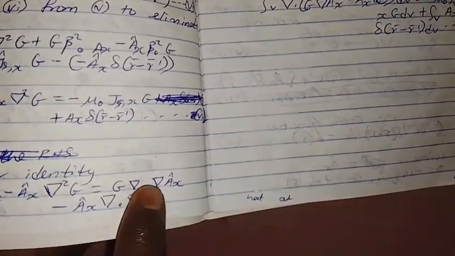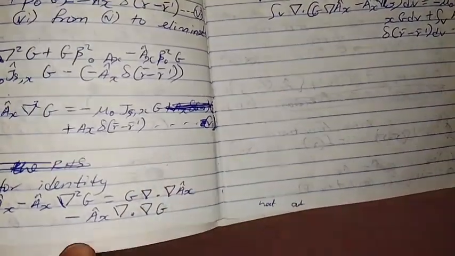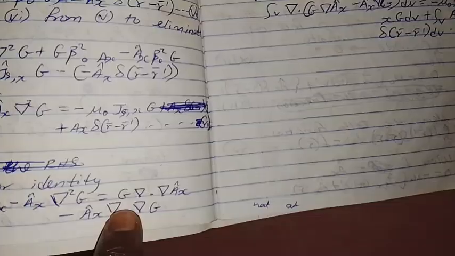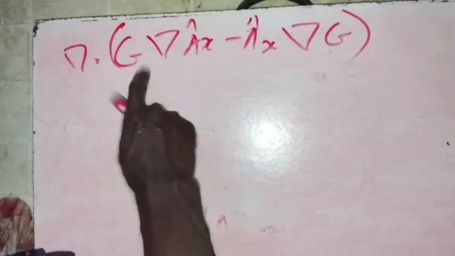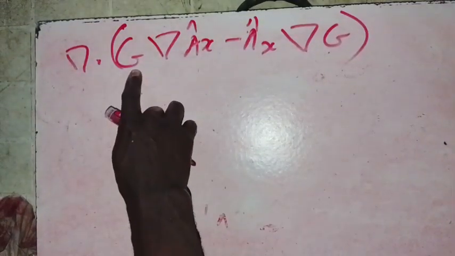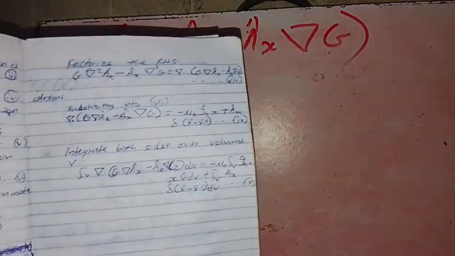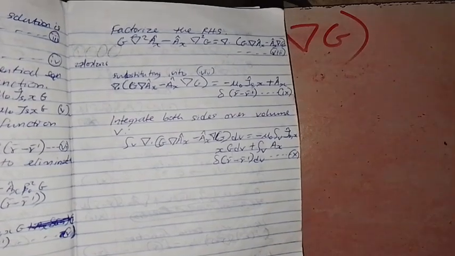If you look at this whole thing minus this whole thing, you can see that nabla dot is common. You have nabla dot here, you have nabla dot here. So you bring it out, and then what you have left inside will be these guys.